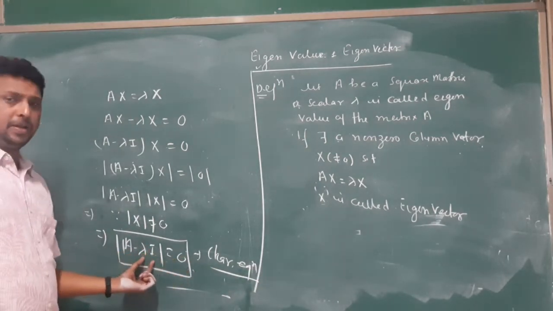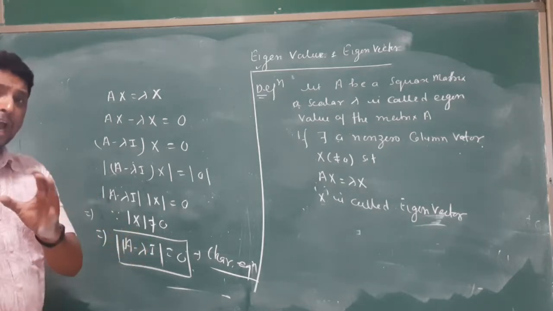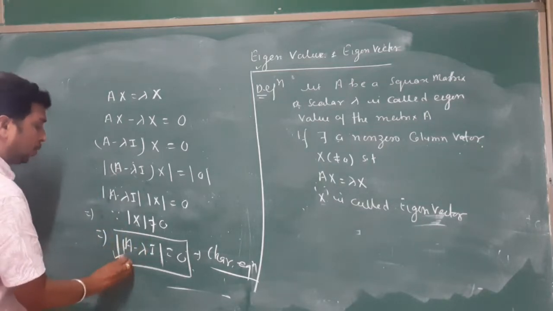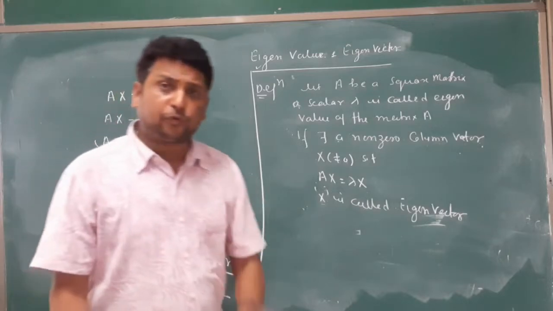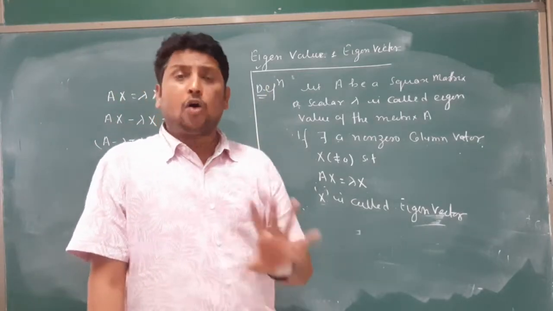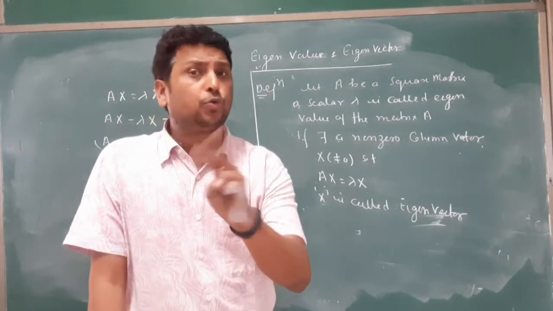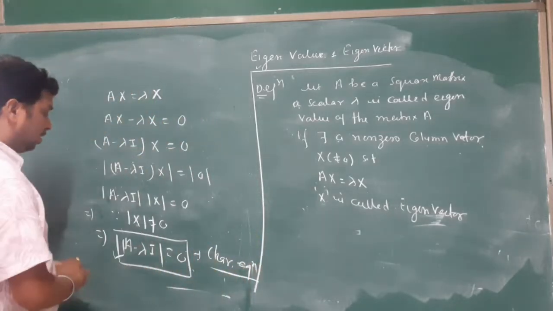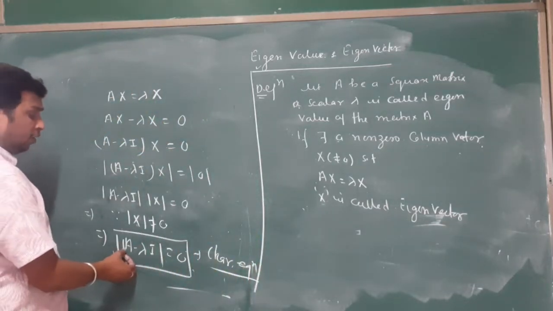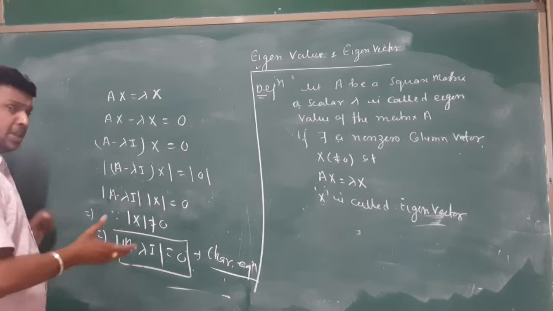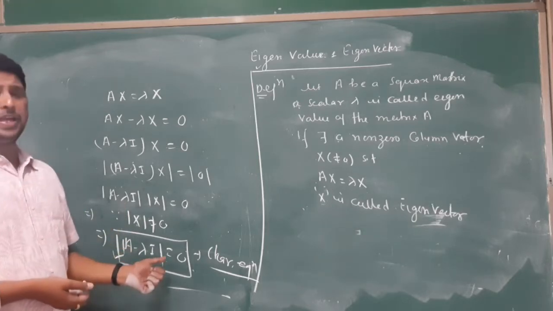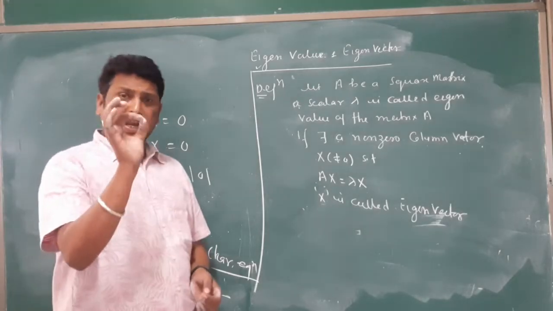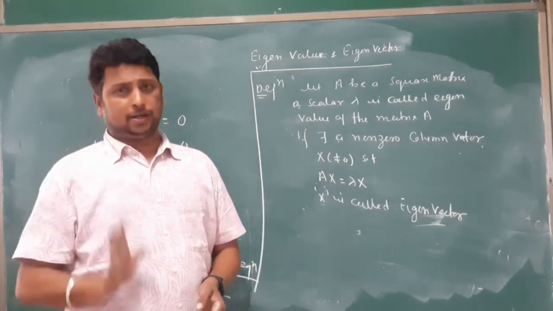It's very simple. So how do we calculate eigenvalues? Using the characteristic equation. First of all we have to write the characteristic equation. There are two ways. One way is to find the determinant of A minus lambda I. What does it mean? It means subtract lambda from the diagonal.